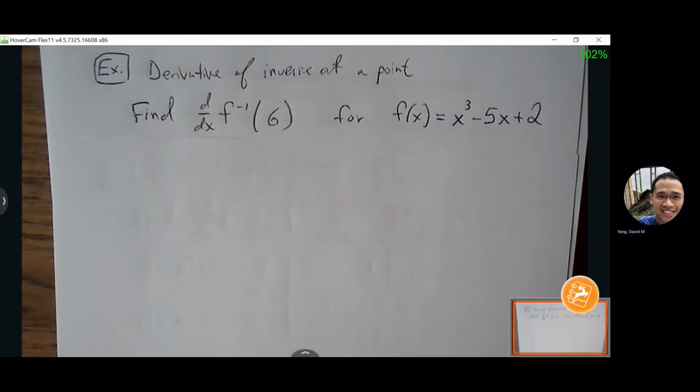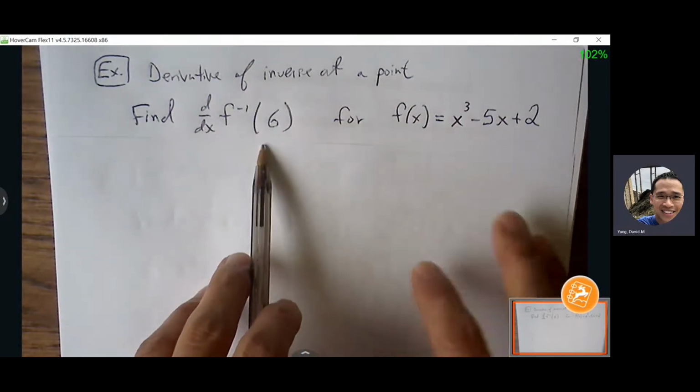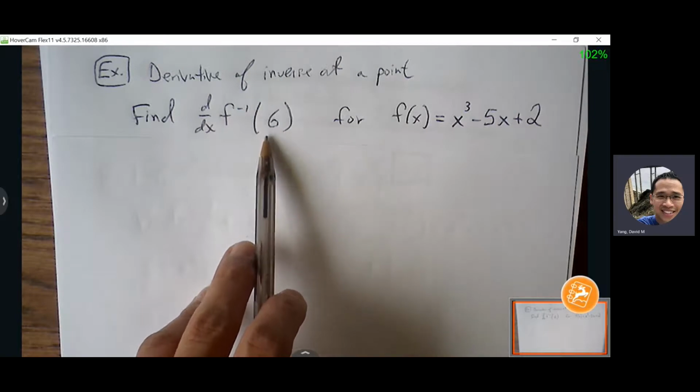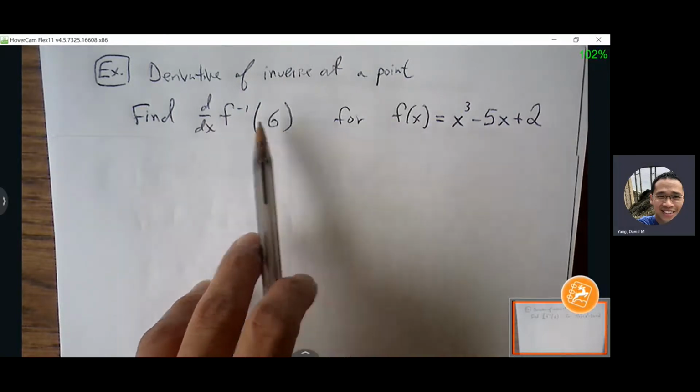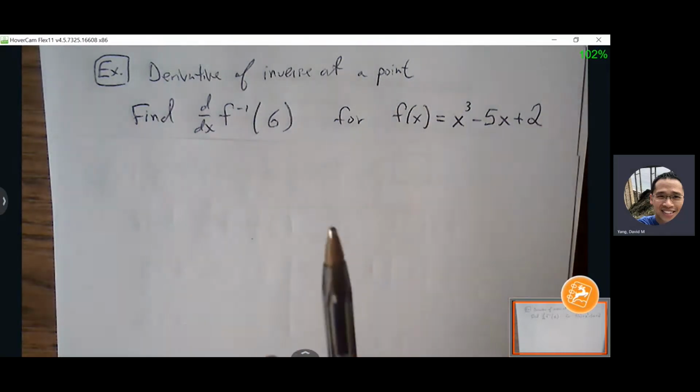So if you see an x for the inverse, it's going to be y for the original and vice versa. So the first thing to recognize is that this 6, even though the 6 is the x value of the inverse, for our purposes is going to be the y value of the function. That's the first thing we have to make sure we understand.